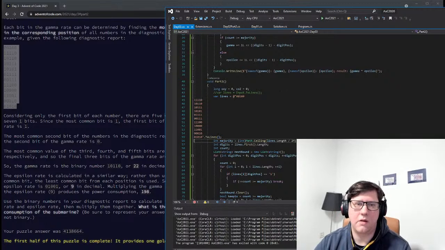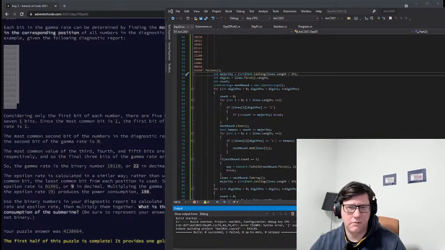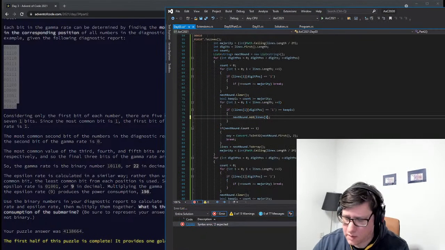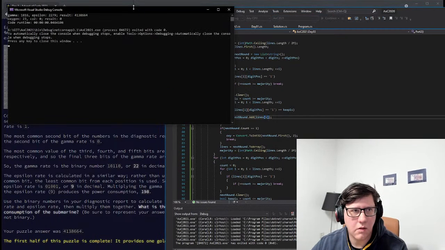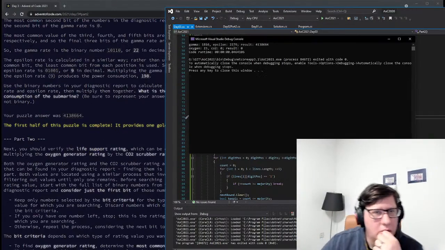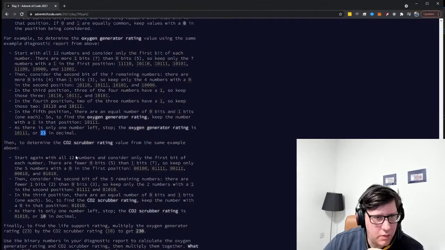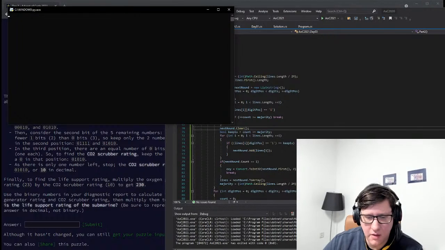Two lines, okay. Let's see. Build errors, cool. Where did I forget one? Oh, yeah, the same thing. Okay, the second one didn't work. 23 worked. And the second one should be 10, but I got 0.